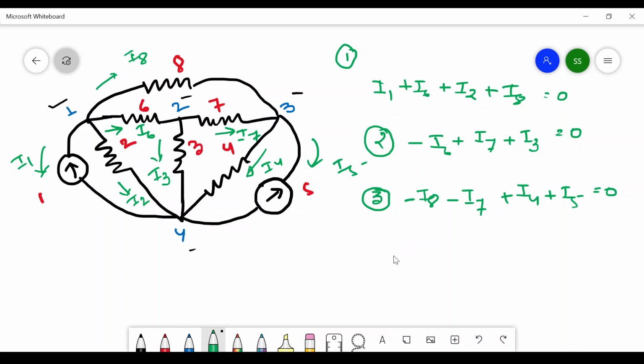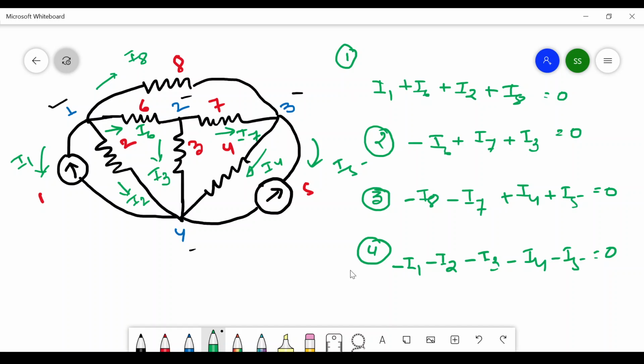Okay, at node 4, if I write the equation, it will be minus I1 minus I2 minus I3 minus I4 minus I5 equals 0.